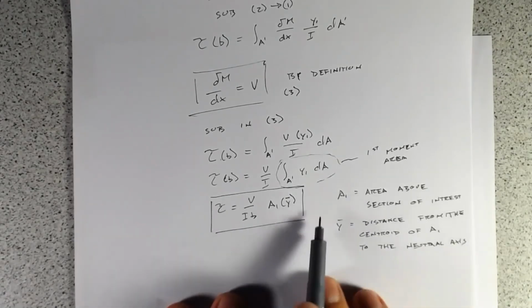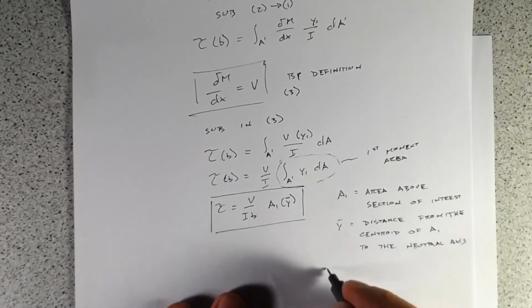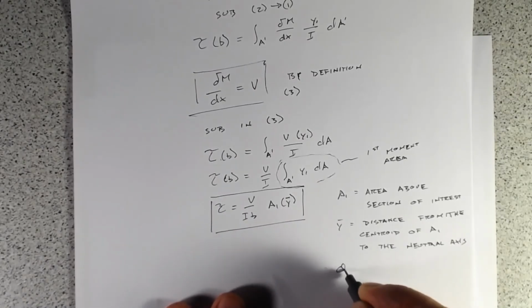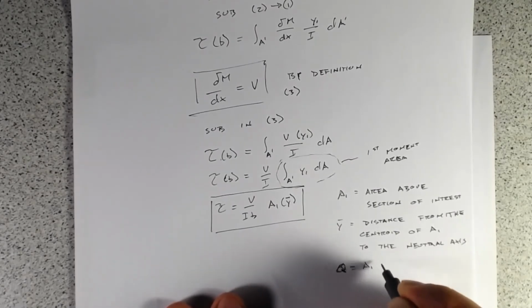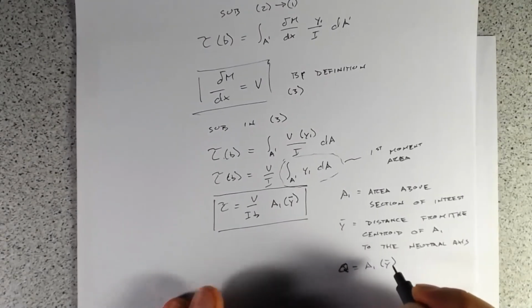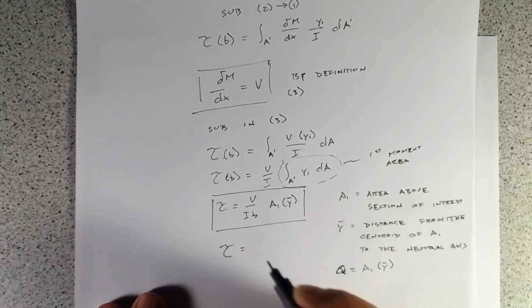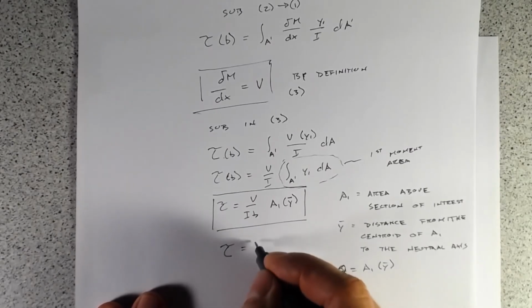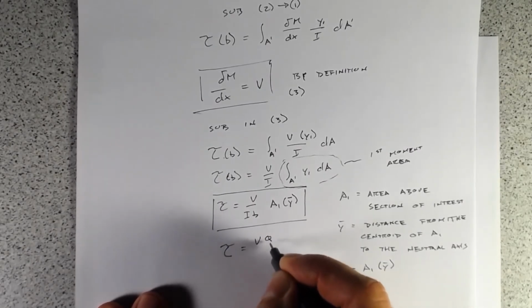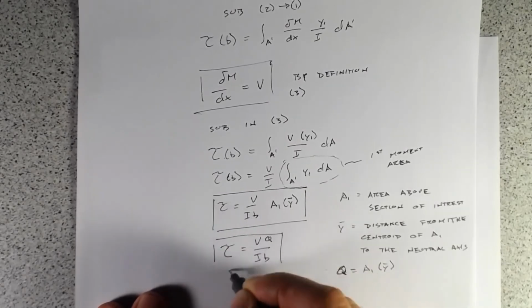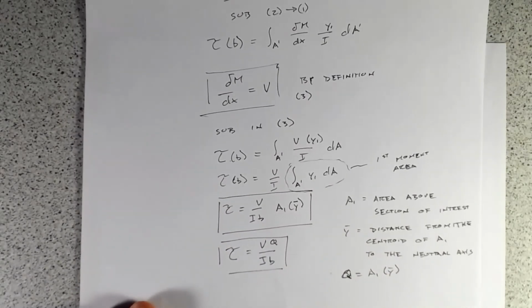And because this is used so often, to simplify this formula, we just give the letter Q equals A1 y bar. And so often you'll find the shear stress is written VQ over Ib. And that's it.